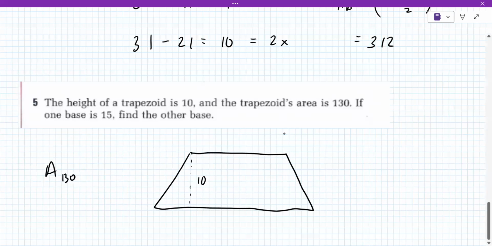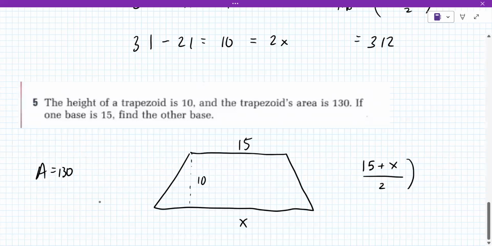And what we don't know, it doesn't really matter. We don't know whether the bottom one is 15 or the top one is 15. It doesn't really matter. You can just label one. Sorry, the area is 130. So working backwards, we know that it's, and we'll just call this x, 15 plus x divided by 2 times 10 equals the area.